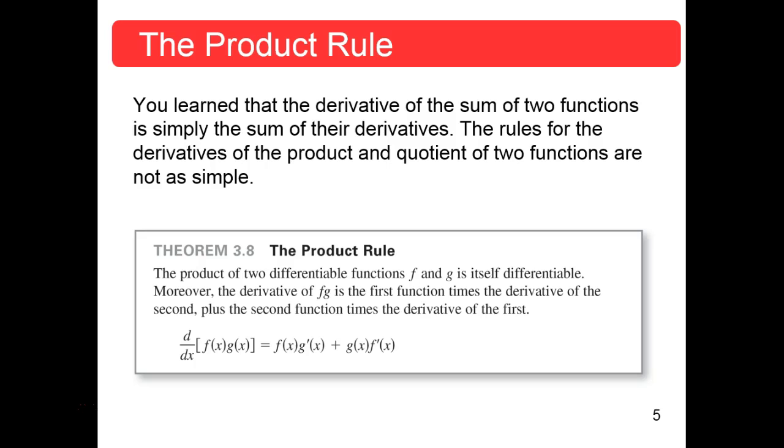So it doesn't matter which order you do them. When we get to the quotient rule, it matters. But for the product, it doesn't. It is one function times the derivative of the other, plus the second function times the derivative of the first.